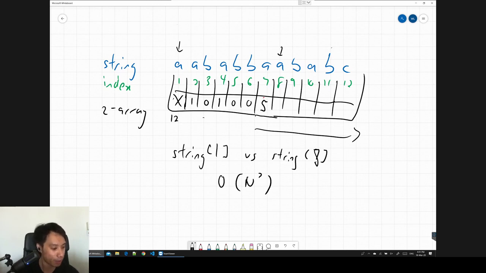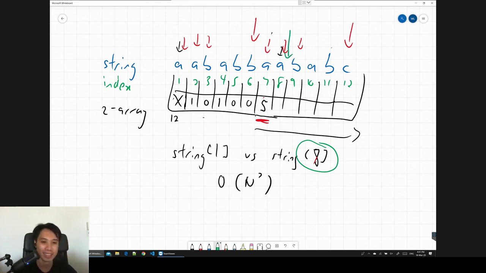Because if you were to think about it, when I fill up the number 5, right? If you remember, I was comparing here, then I was comparing here, until I meet the last letter which is not the same, right? When I increment to compare the 8 character, you realize I'm comparing the character at position 8 again.